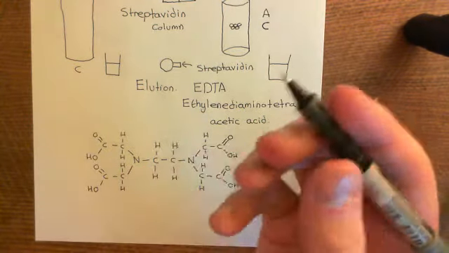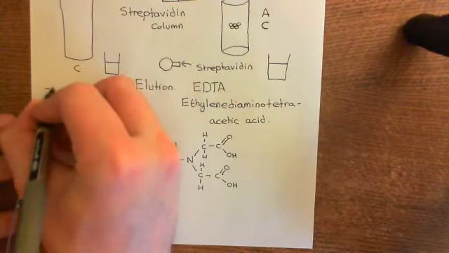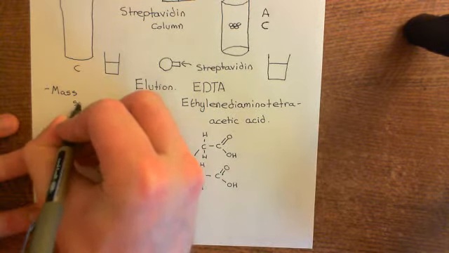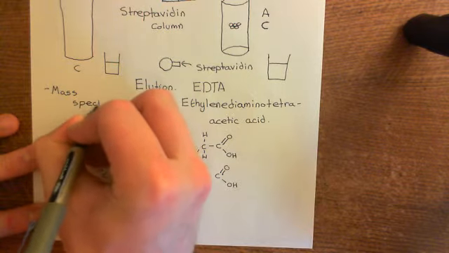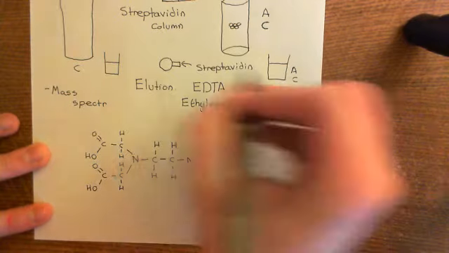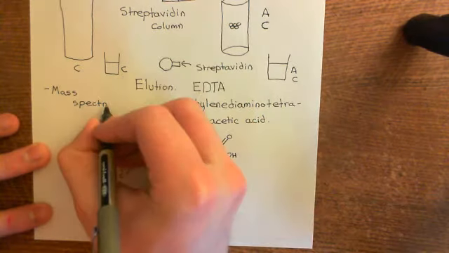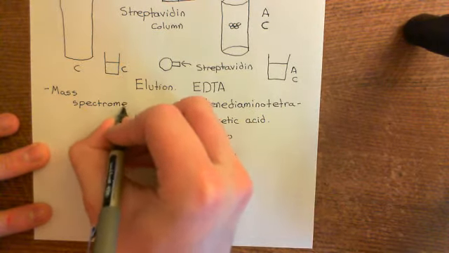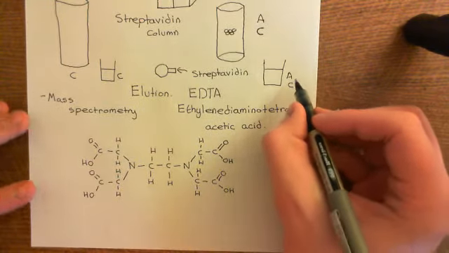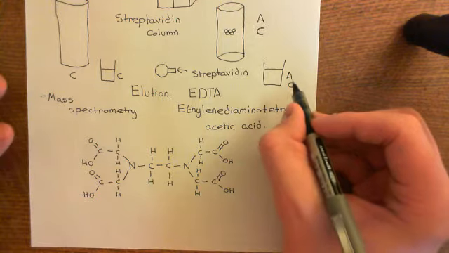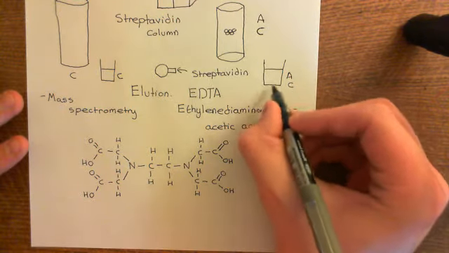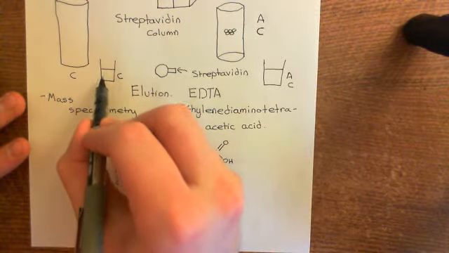Okay, now what you will do is you will analyze what proteins are within these flasks, and you could do this, for instance, using mass spectrometry. So you will find out which proteins are within there. Mass spectrometry will tell us that protein A and protein C are in here, and that protein C is in here. Then what we will be able to deduce is that protein A is the only one which contained palmitoyl groups, because it's the one which is present in here and not present in here.